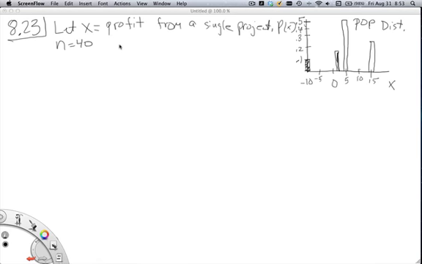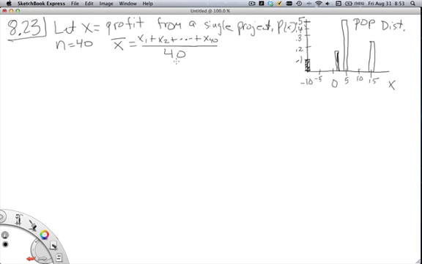So, what is the average profit per project? Well, that's an X bar. So that's going to be the amount of profit we get from project 1 plus the amount of profit we get from project 2 plus all the way through the amount of money that we make from project number 40. And we're going to divide that by 40.